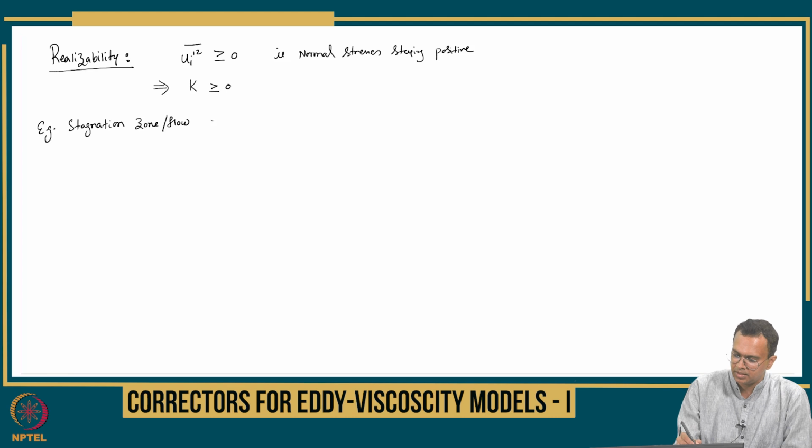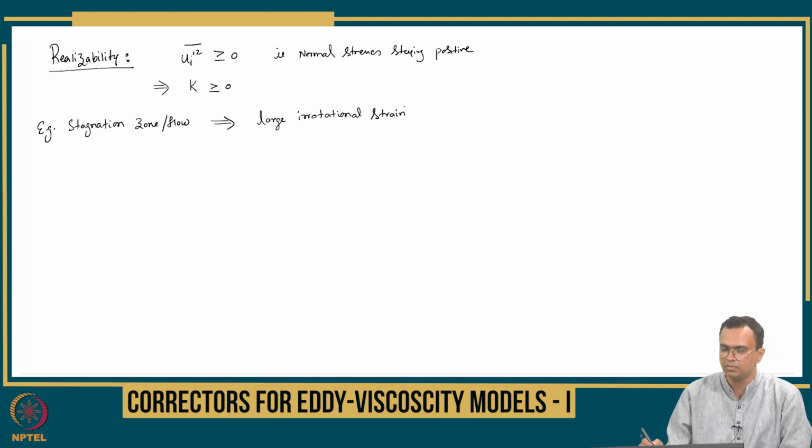In such types of flows we saw that there will be large irrotational strain, either large positive or large negative, which is causing issues, right?